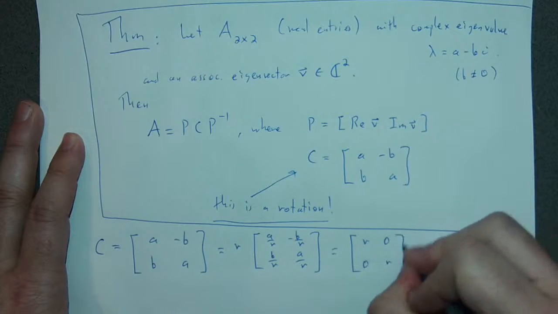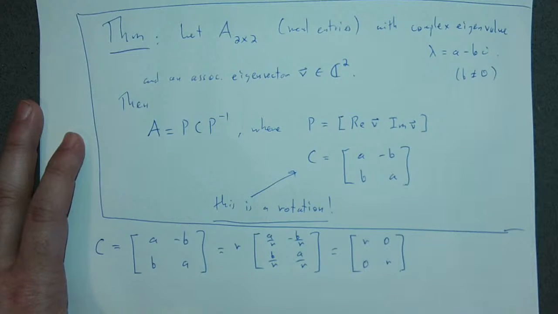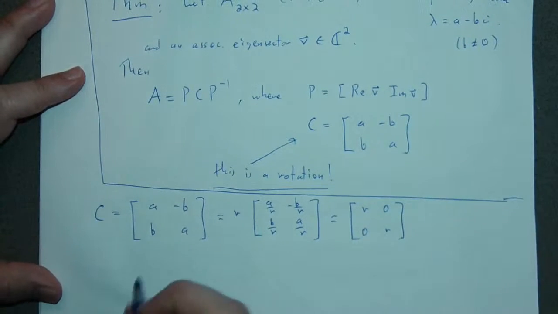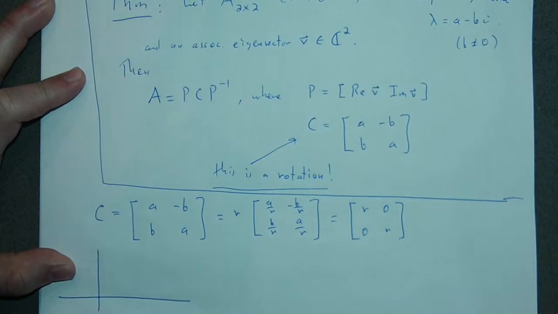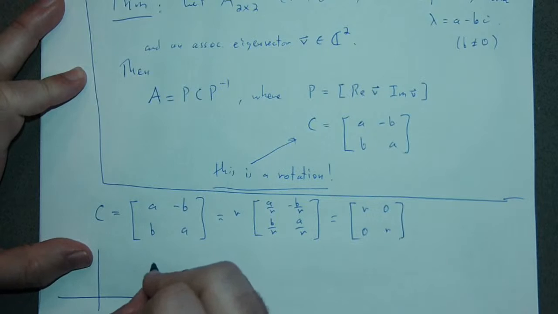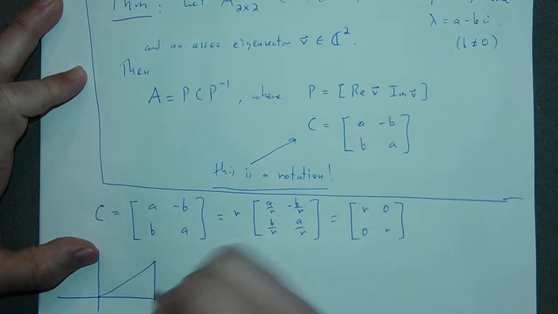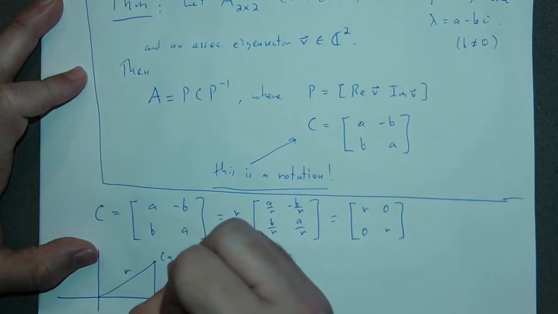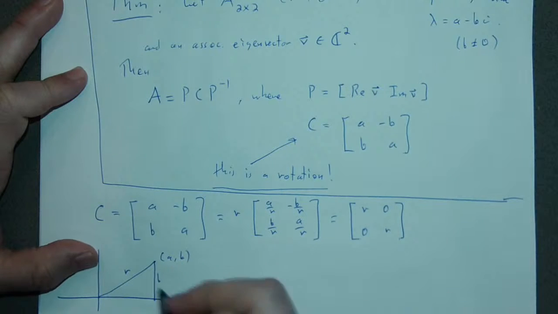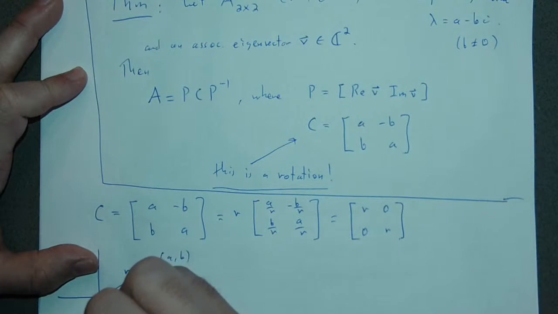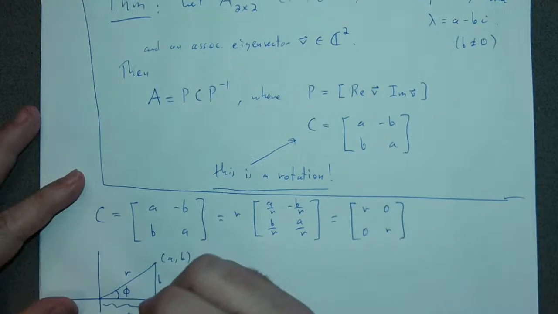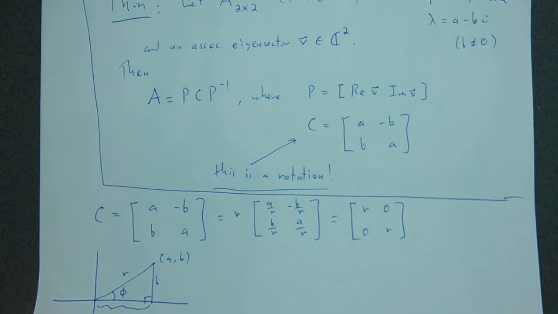That might seem like a very strange algebra trick to do, but I can think about this as [R, 0; 0, R] times a second matrix, which is very suspicious. Why? If I go to the plane and draw a triangle, where here is R, here is the point (a, b), here is b, here is a, and here is an angle, say phi, well, these are just sines and cosines, remember SOHCAHTOA.